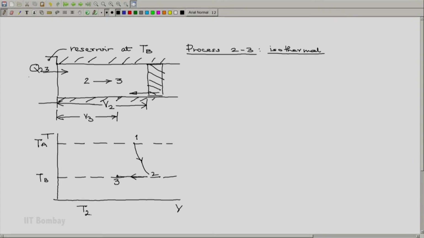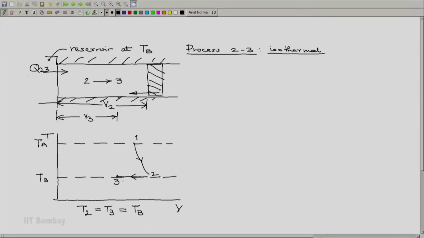But since we want it to be a reversible process, we will assume that T2 equals T3, that is necessary because it is an isothermal process, equals TB. Actually it will be TB plus some small delta T, but we will say that in the limiting case for a reversible process, for analyzing this reversible process, we will neglect that negligible temperature difference, because unless we neglect that, we can't claim this to be a reversible process.